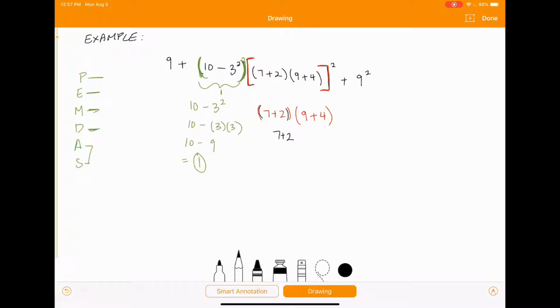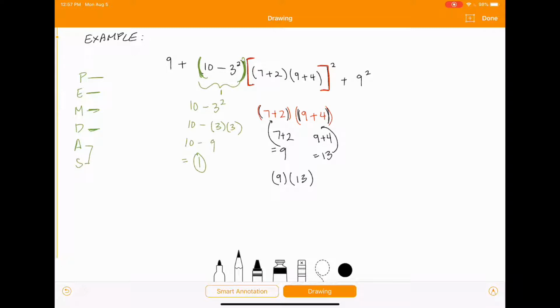7 plus 2, that equals 9. And then we'll go ahead and move on to the next set of parentheses. 9 plus 4, which equals 13. So we're going to plug a 9 in right here and a 13 in right here. So we're going to get 9 times 13. So we've done our parentheses.